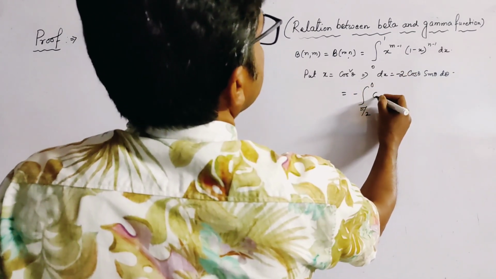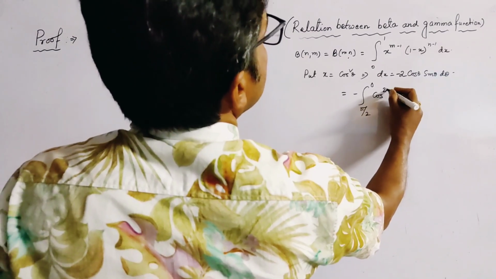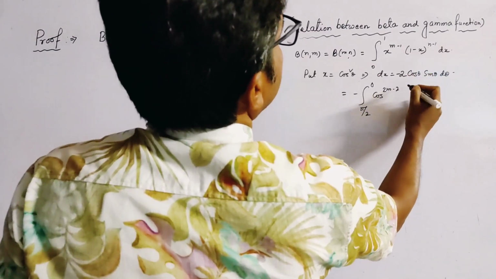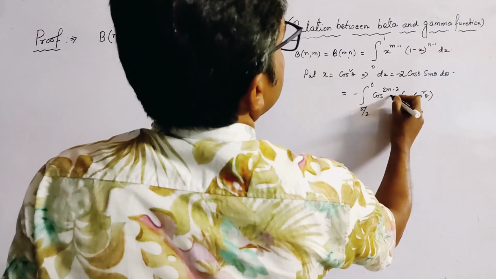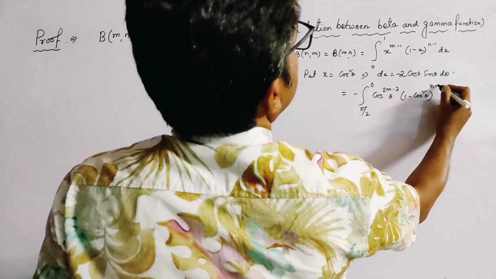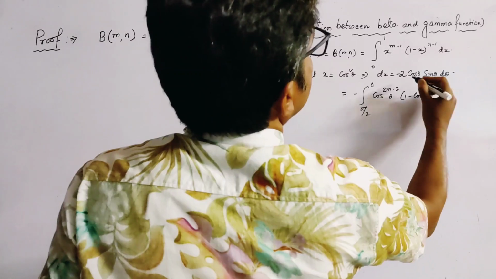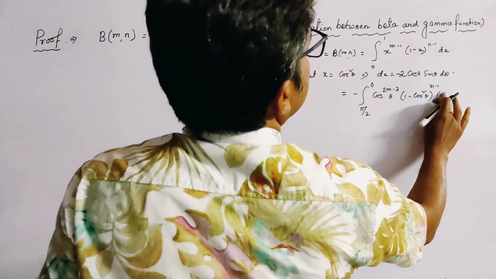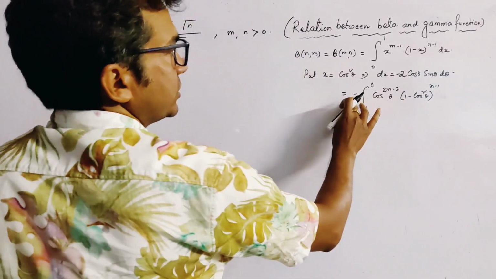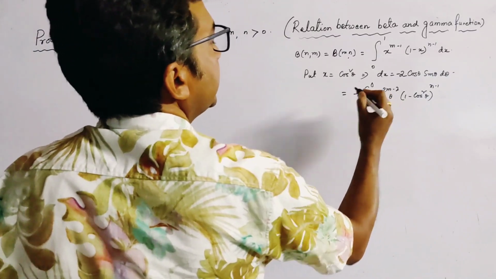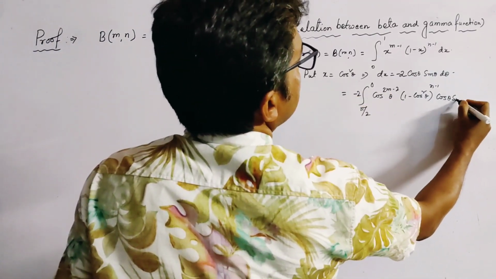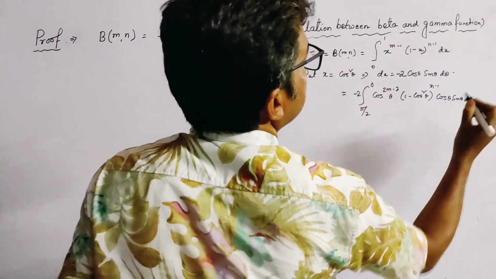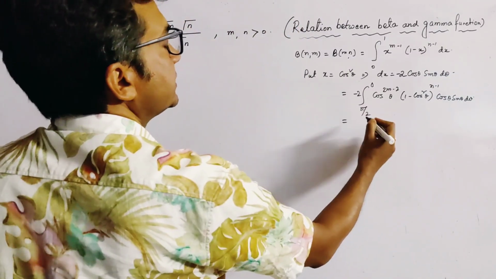Then we get cos to the power 2m minus 2 into 1 minus cos square theta to the power n minus 1, into 2 cos theta sin theta d theta.